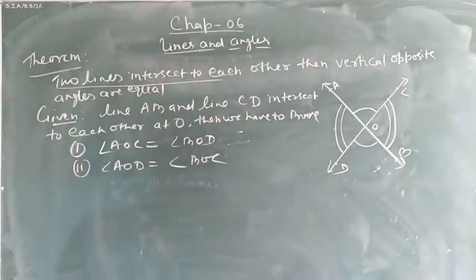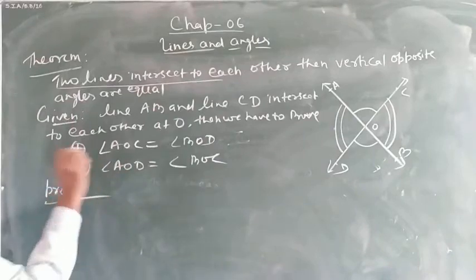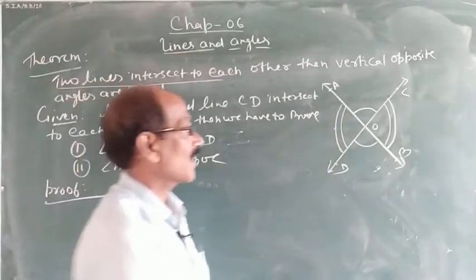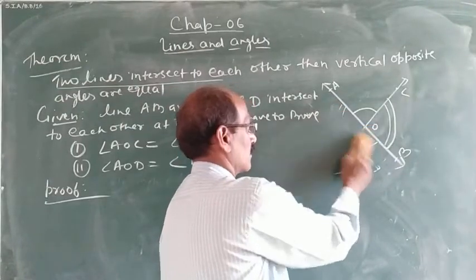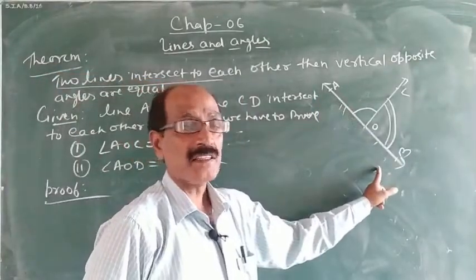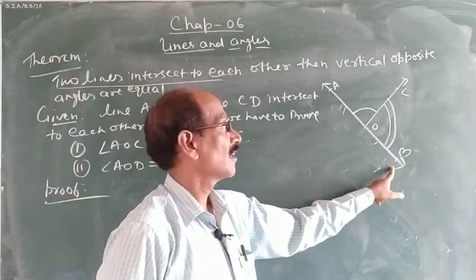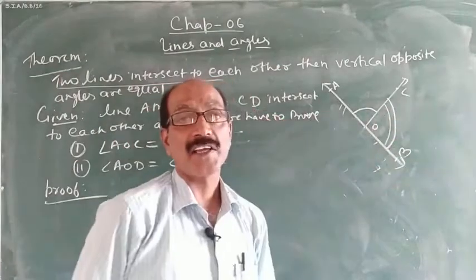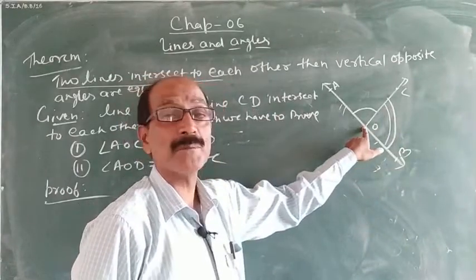Now after that, the proof. I erase it. Only one line is remaining, line AB, and OC is a ray that meets it.